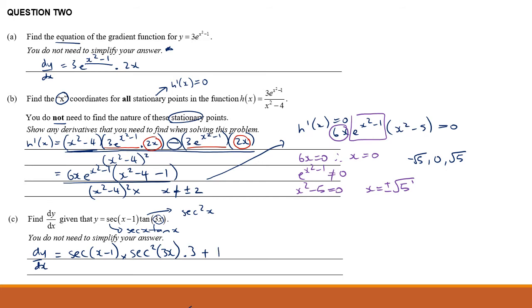Product rule, so it's addition, write down the second one, tan 3x times the derivative of the first one, which is sec(x minus 1) tan(x minus 1) times the derivative in the bracket, which is 1. I don't need to simplify.